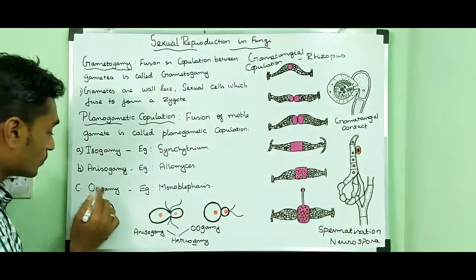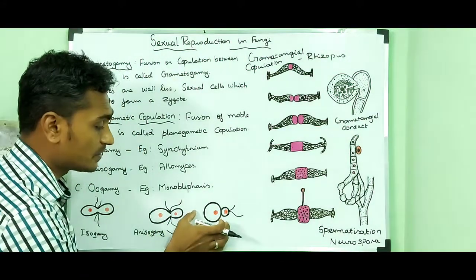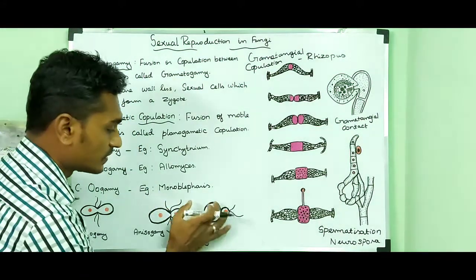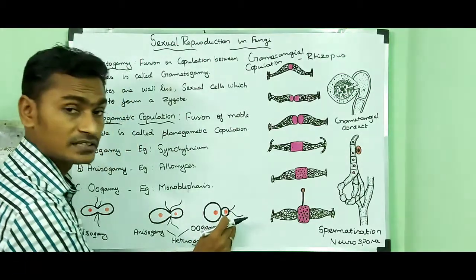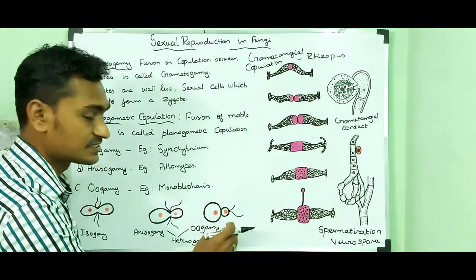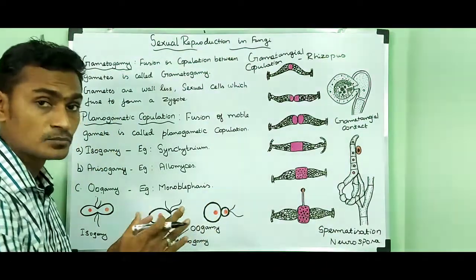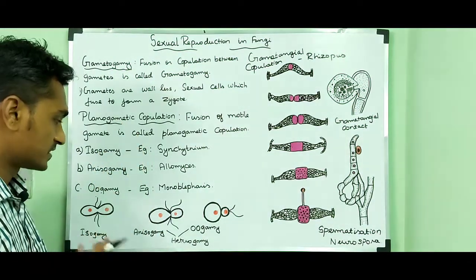While in the case of oogamy, you can find a large female gamete which does not possess flagella, while the male gamete is smaller in size and has flagella. That means the male gametes are motile, and female gametes are non-motile and larger in size.